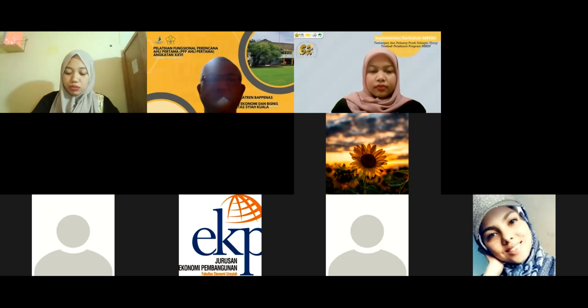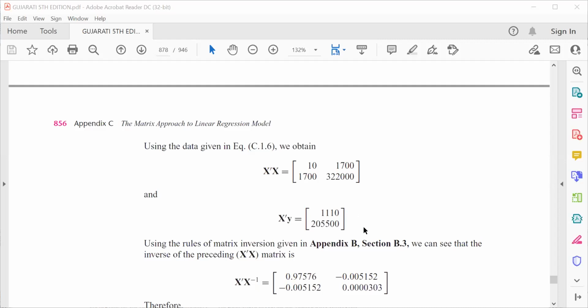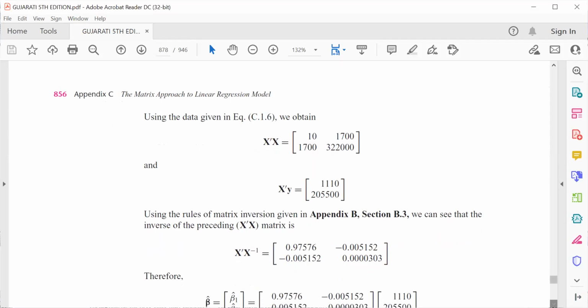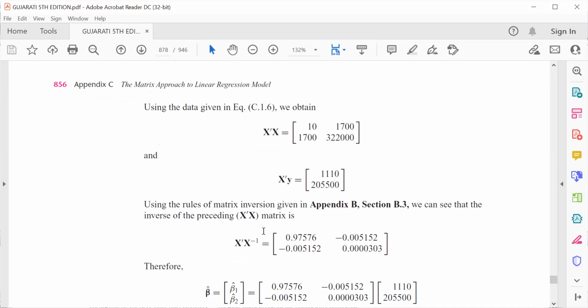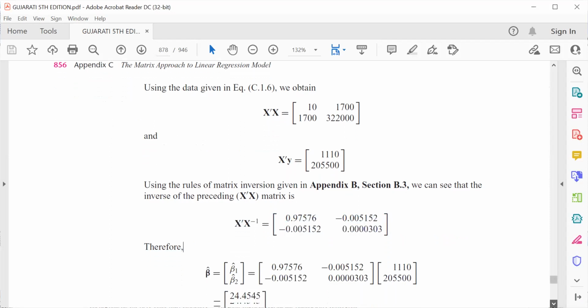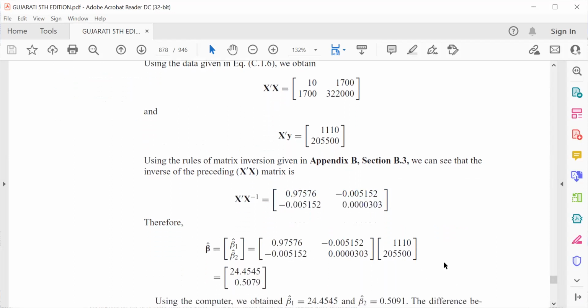Then we multiply with X prime Y. Here X prime Y is 1110 and 205,500.